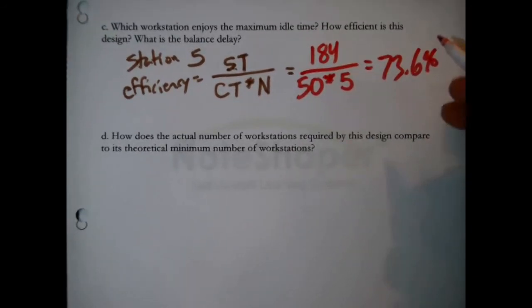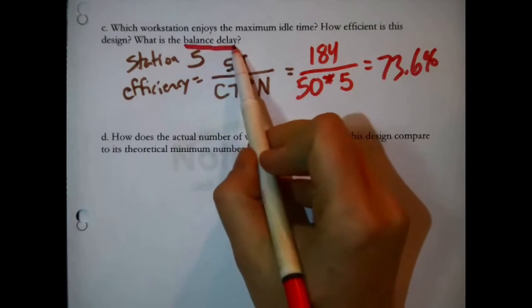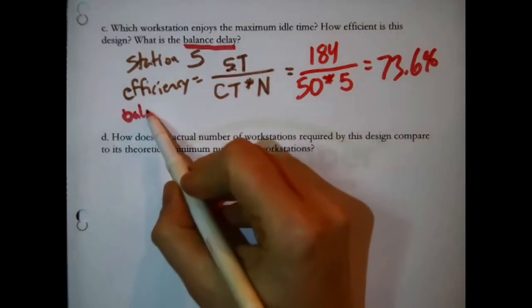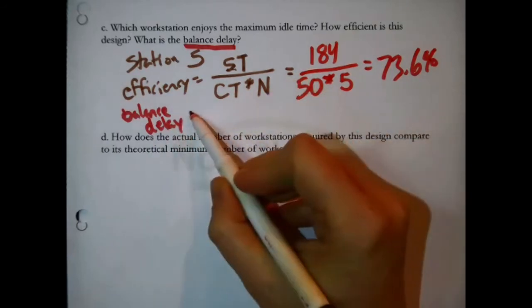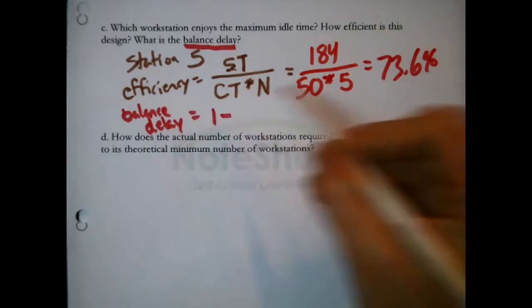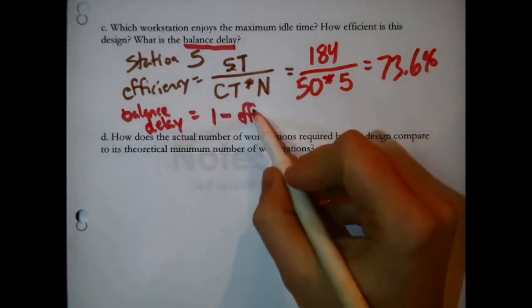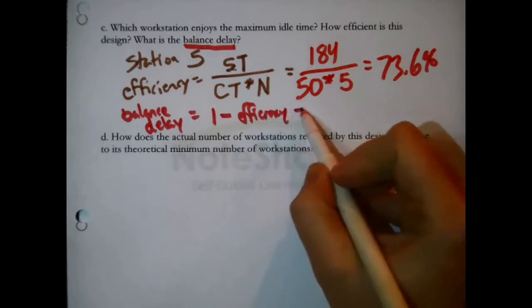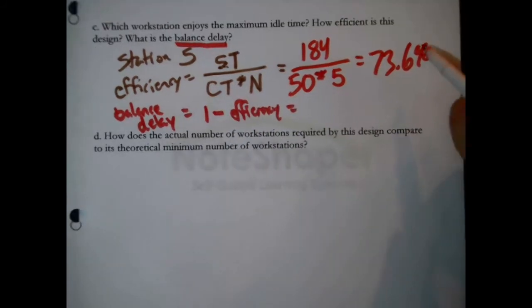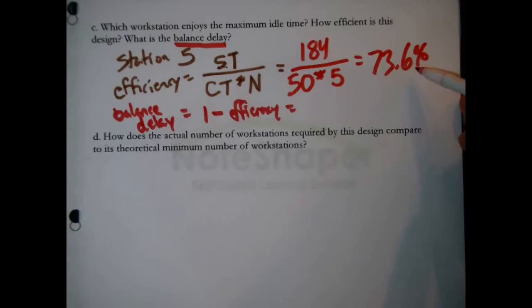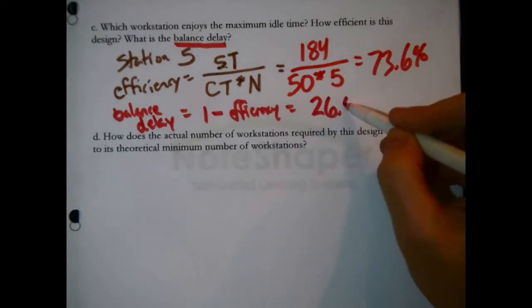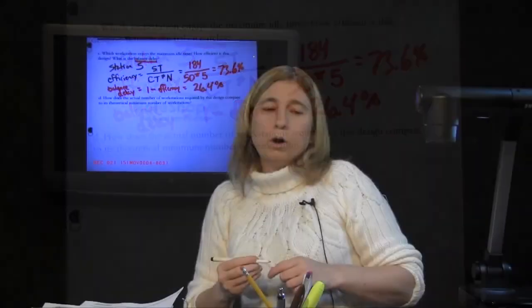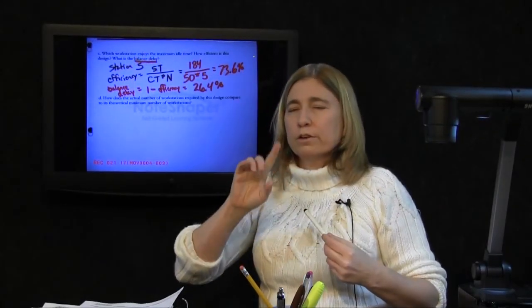Now it also asks what's the balance delay. Balance delay is easy, especially if you've calculated efficiency, because balance delay is just the opposite. It's 1 minus efficiency. Okay, so if it's 73.6%, then the balance delay is the opposite of that, or 26.4%, or 1 minus 0.736.